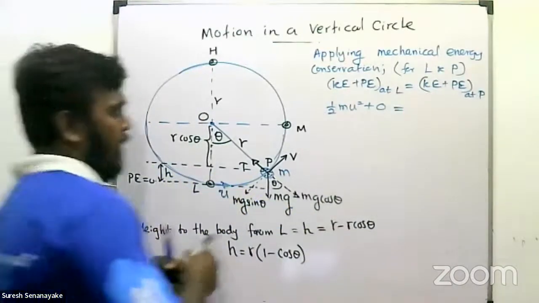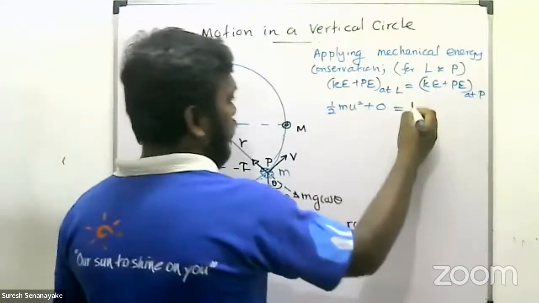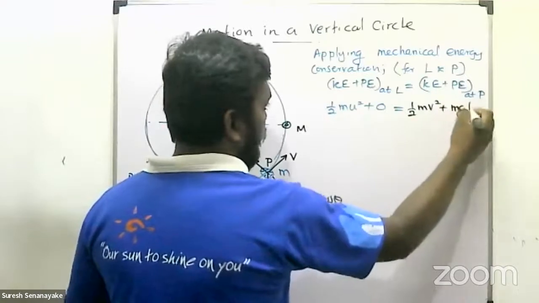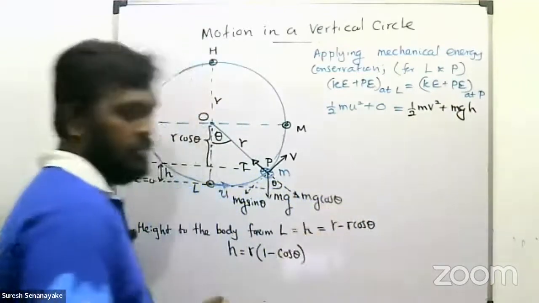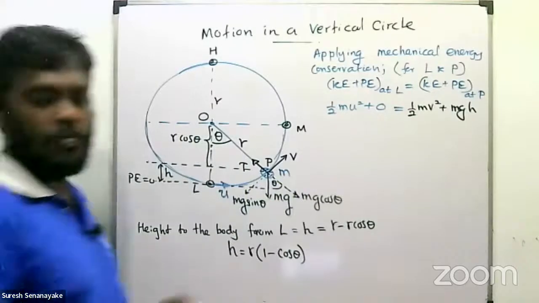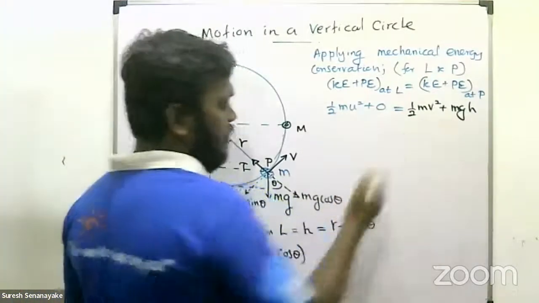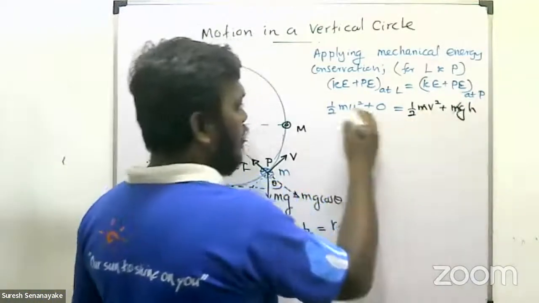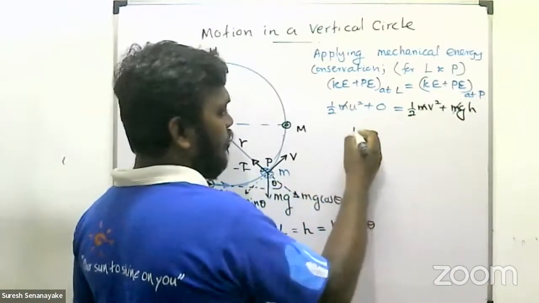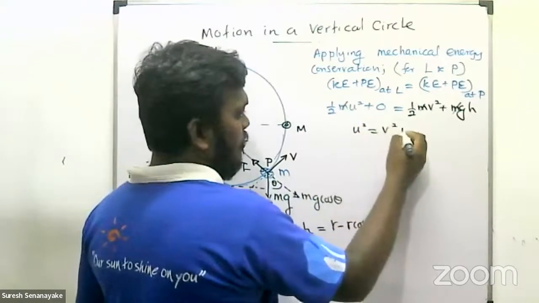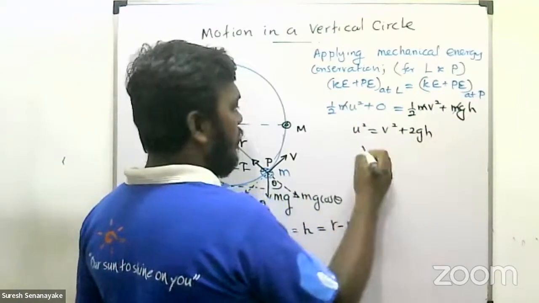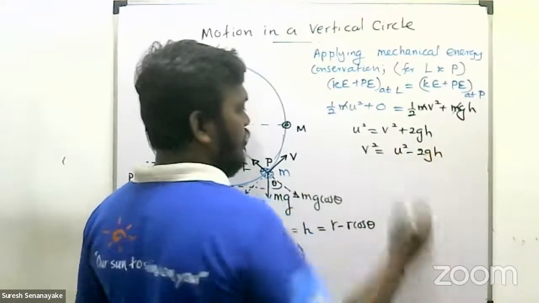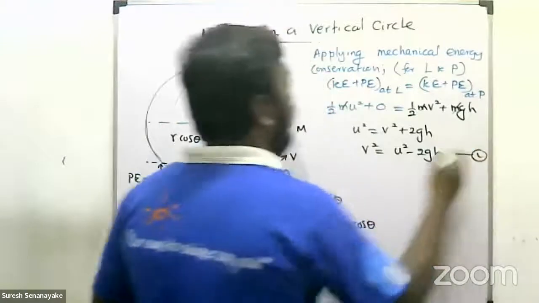At this point the kinetic energy is half m v square plus mgh, right? The m cancels out, and multiplying by 2, you can write u square equals v square plus 2gh, and then v square equals u square minus 2gh. We get this equation, equation number 1.